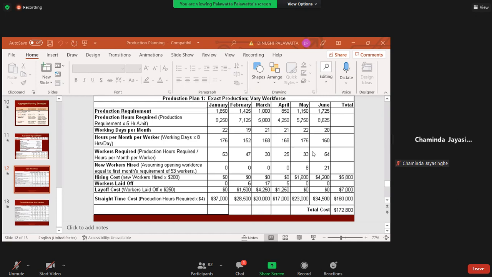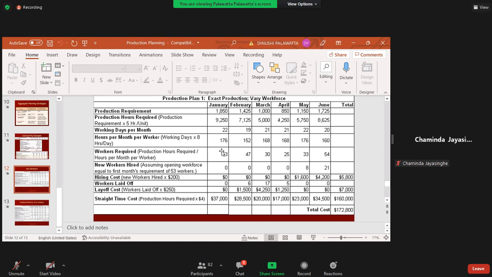So rounding to the nearest integer, in this example, these numbers have been rounded to the nearest integer.